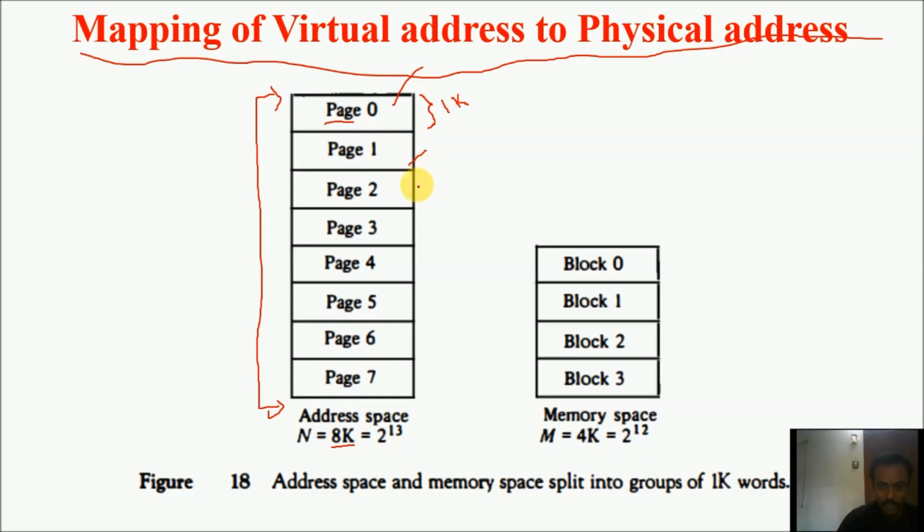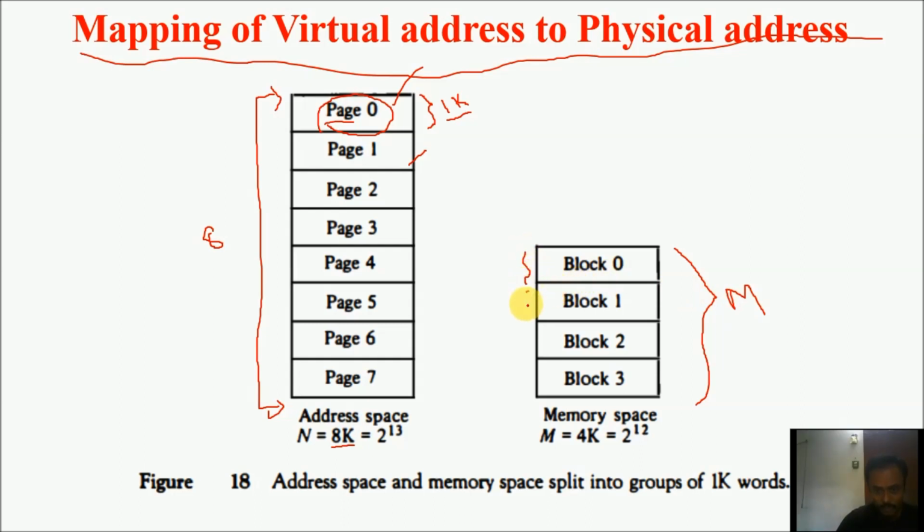In the first page there will be 1K addresses, in the second page another 1K addresses. Every set will be divided into equal-size address sets of 1K, so there will be a total of 8 pages. This is called the page, and this is your physical address, the size of your main memory.